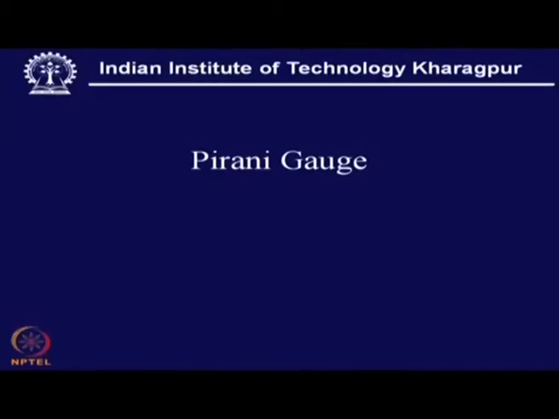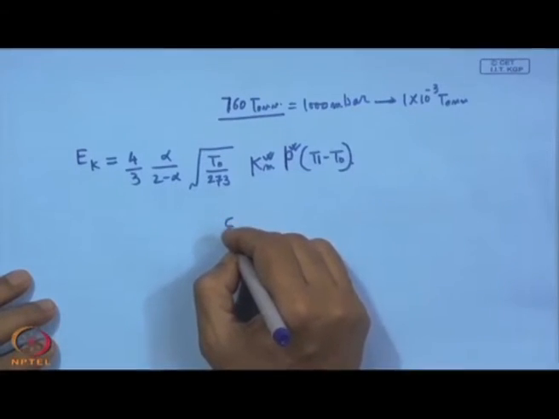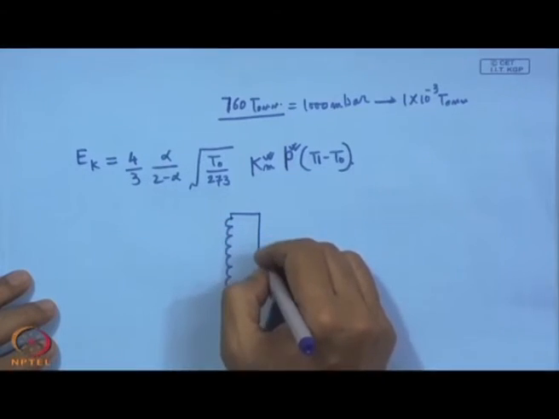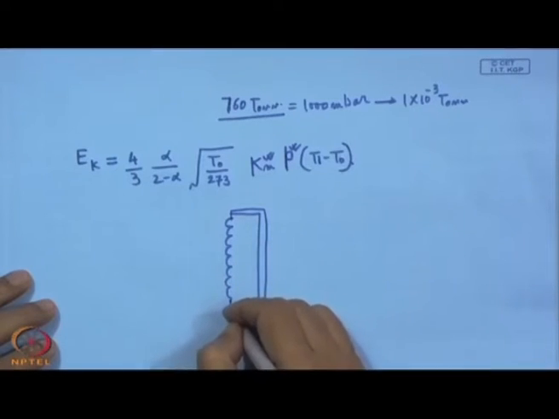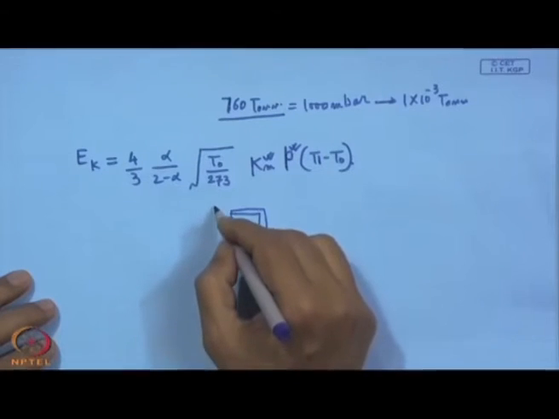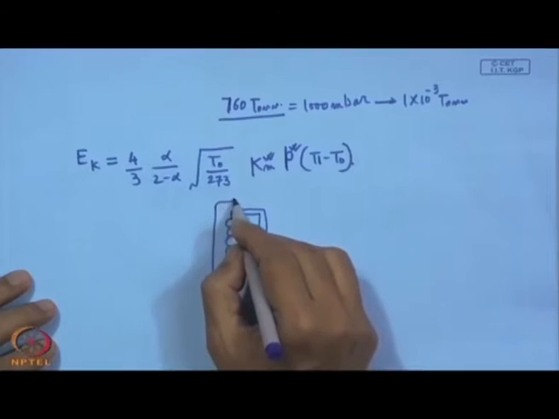Now, this guiding equation is well utilized in the construction of a gauge based on this thermal conductivity principle, and one such gauge is the Pirani gauge. In this Pirani gauge, what we see is basically a heating coil, supported on a stand, with 2 terminals, and the whole thing is encased in a container.